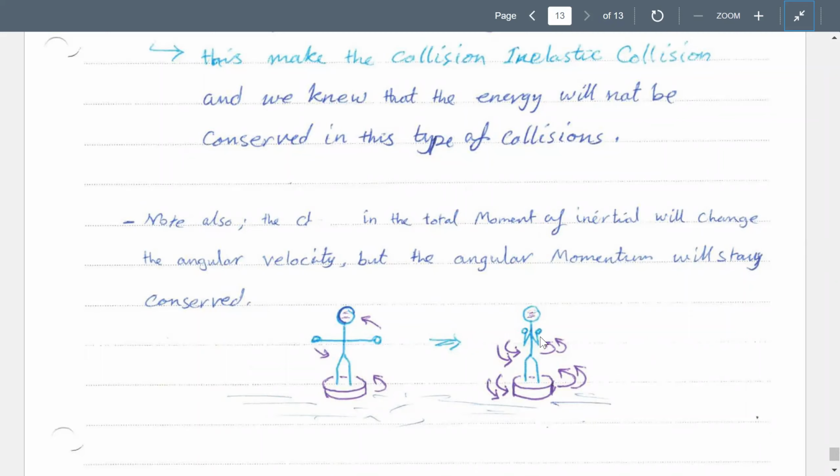But when he or she closes the hands, then the velocity will become more and more. This is because the angular momentum stays conserved and the velocity will increase by this motion, by changing the moment of inertia. In this case, we change the moment of inertia.